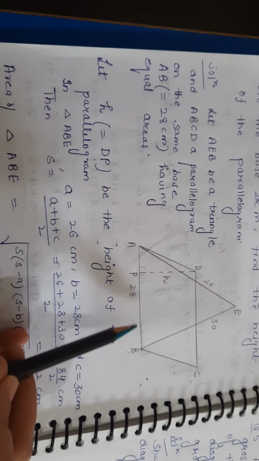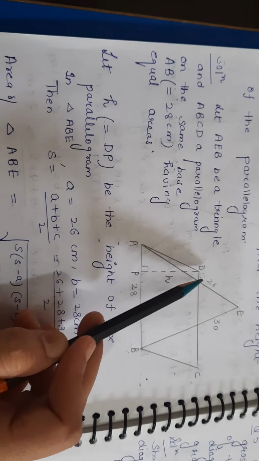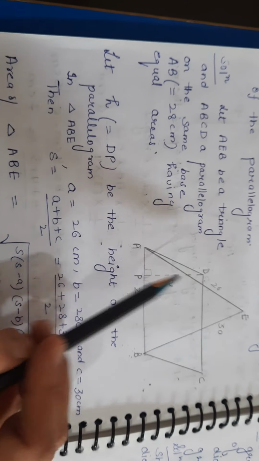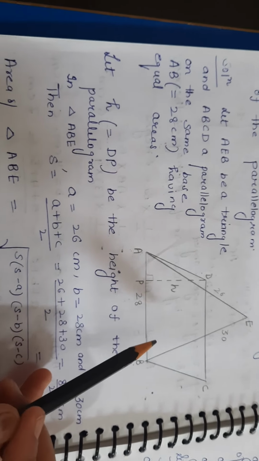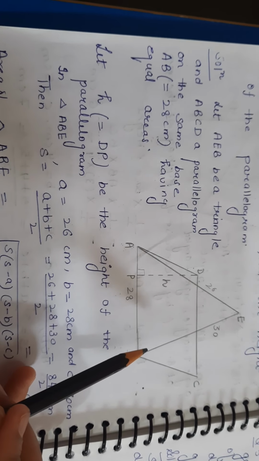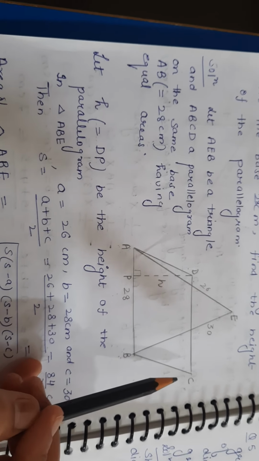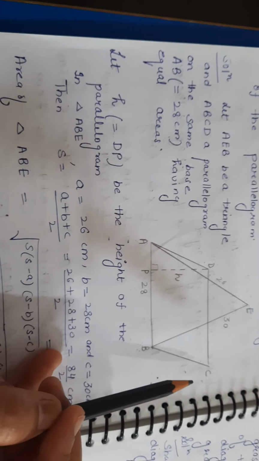In triangle ABE, the sides are 28, 26 and 30. So first by using Heron's formula, we are going to find the area of the triangle, and then it is given in the question that both triangle and parallelogram have the same area, so we are going to compare their areas for finding the height.